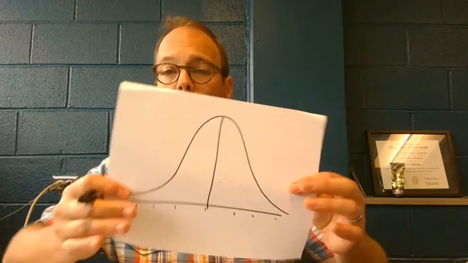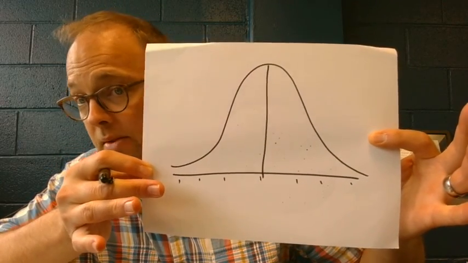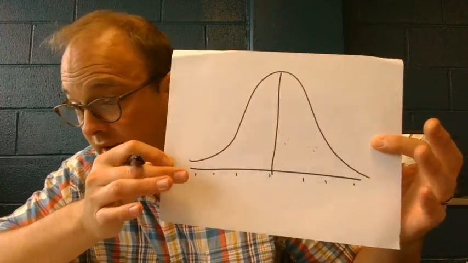That's what it means for something to be distributed normally. It follows a bell-shaped curve, and once we go 3 standard deviations out from the middle, we've accounted for almost all of it, well over 99% of it.